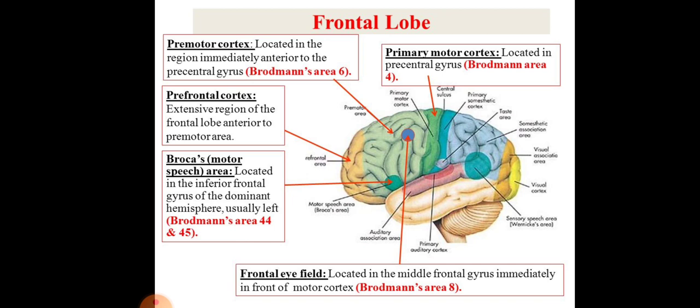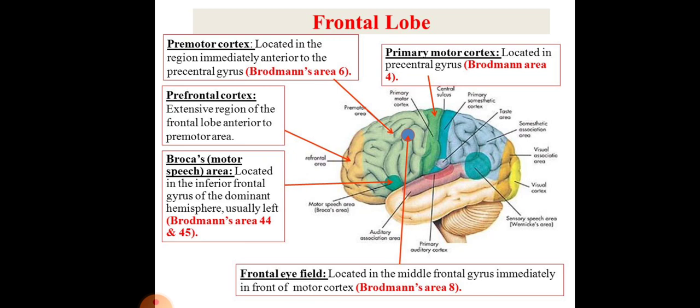It is clearly demarcated in this image. Then in front of area number 6 we have the prefrontal cortex. It is an extensive region of the frontal lobe anterior to the premotor area. Then below area number 6 we have Broca's area, which is located in the inferior frontal gyrus of the dominant hemisphere, and the Brodmann areas are 44 and 45.